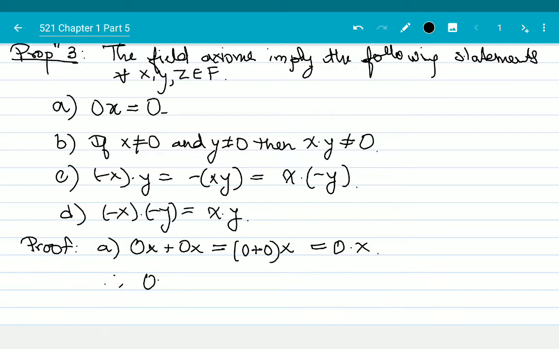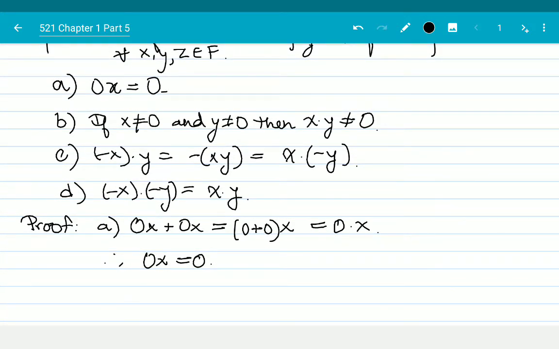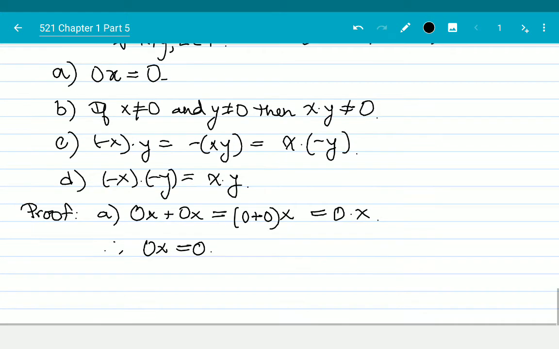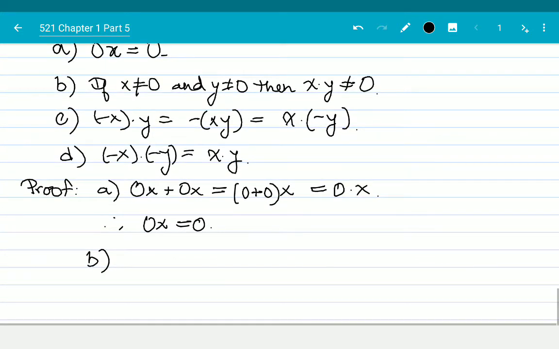Therefore, 0x is equal to 0, because I can subtract 0x from both sides, and I get 0x is equal to 0, and therefore A holds.